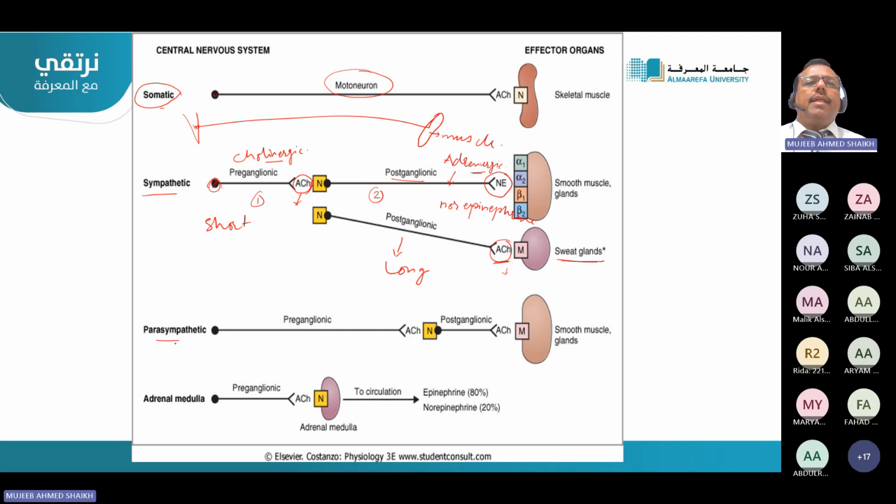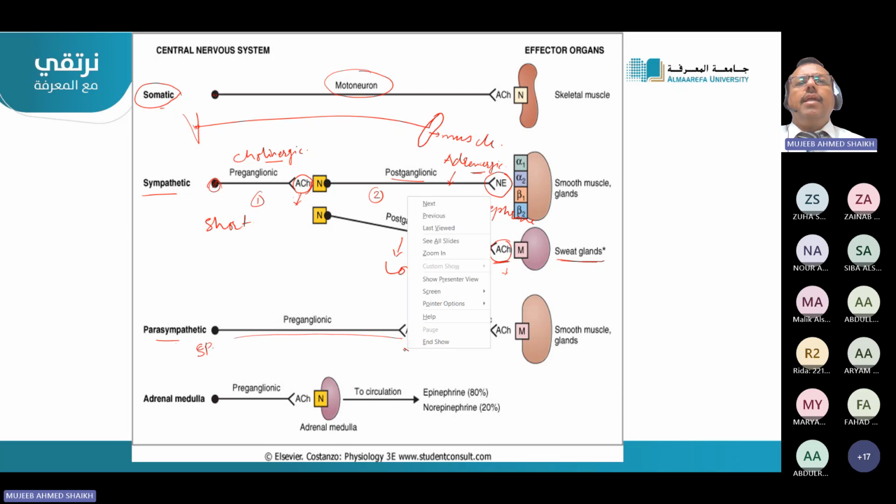Coming to the parasympathetic division of the autonomic nervous system, here you will see that preganglionic fibers, which originate from the spinal cord or the brainstem, are very long. Once they reach the organ, they end, and the second neuron starts, which is very short.